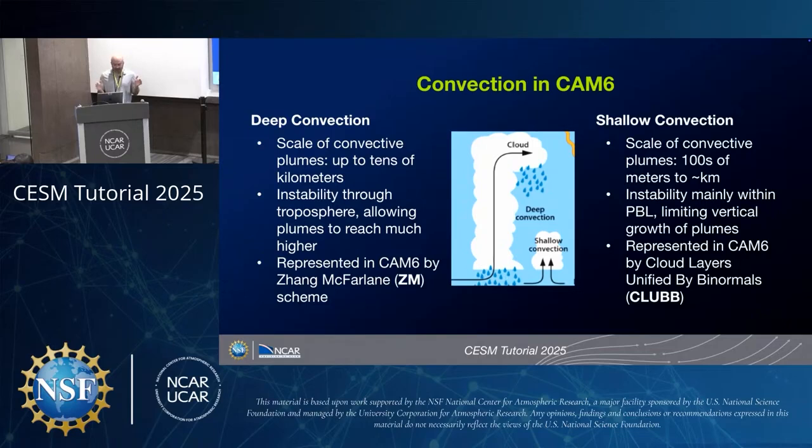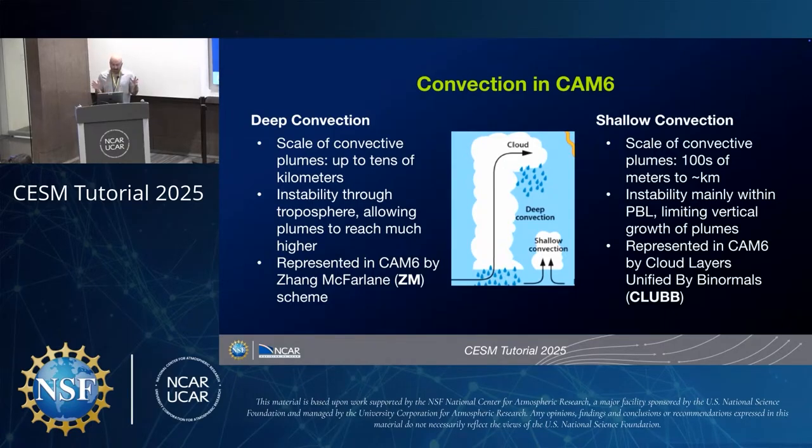Deep convective plumes can be up to tens of kilometers across, and they can be driven by instability that can go throughout the troposphere, so they can reach up to 10 or so kilometers. Shallow convective plumes are smaller. They tend to be order hundreds of meters, maybe up to a kilometer or so. And that instability that's driving those plumes tends to be confined within the planetary boundary layer.